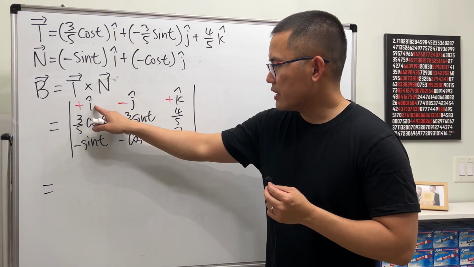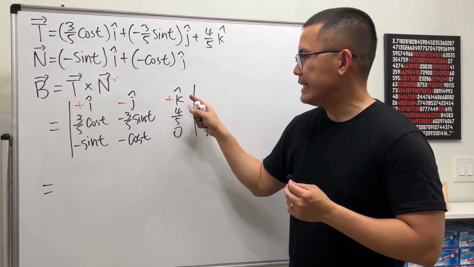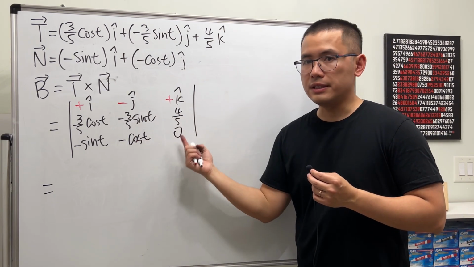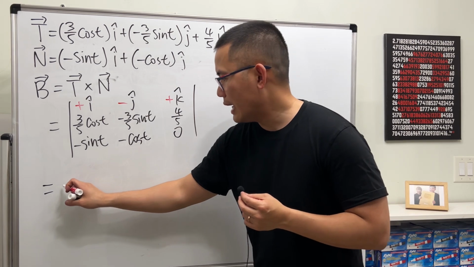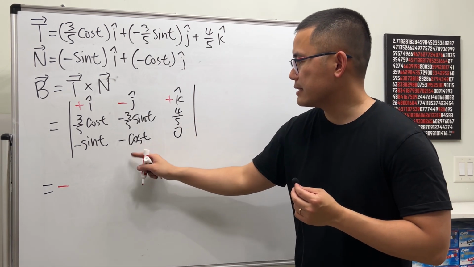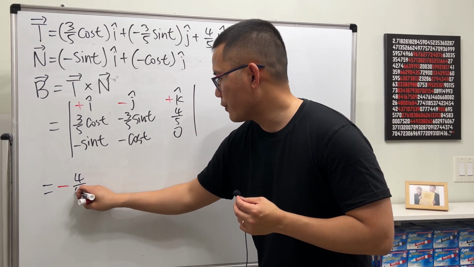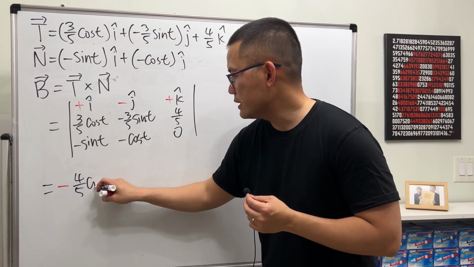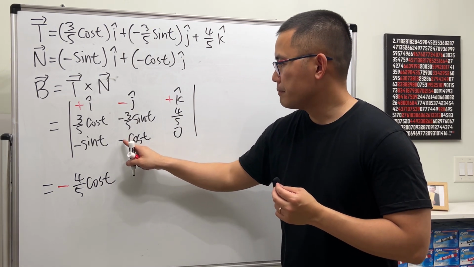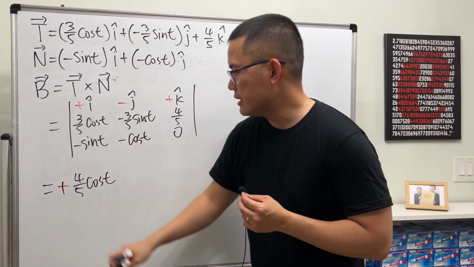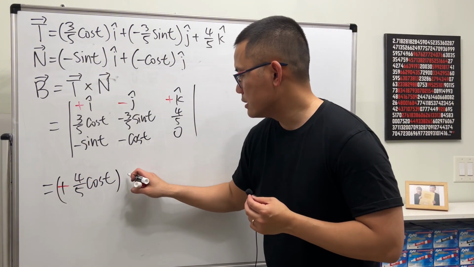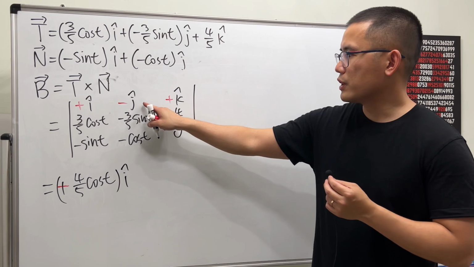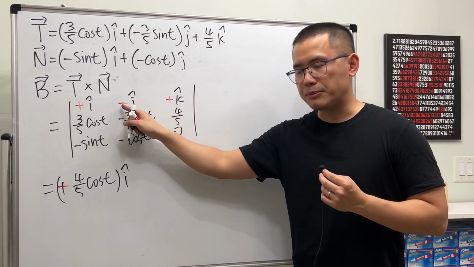So take the i, delete this row and column, and we will have to find the determinant of the remaining matrix. So we do this times that, which is 0, and then we minus this times that, which is 4/5 times cosine t, but that's a negative. Negative times this negative makes that positive. So that's the first component. Next, for the j component, we will have to subtract.